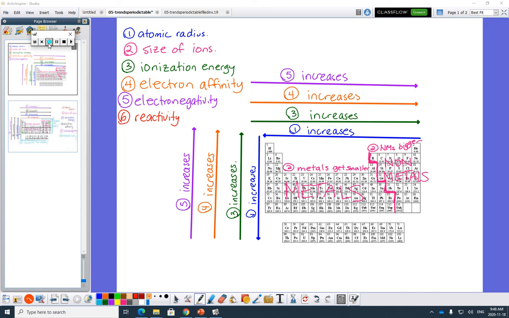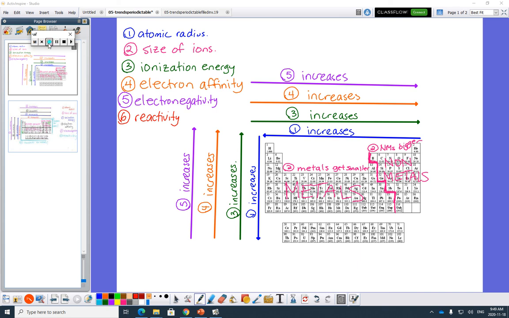Okay, so reactivity, we have to draw some strange arrows, okay? Because we have to differentiate between metals and nonmetals. And like I said, I would never make you compare a metal that's really reactive and a nonmetal. So when you do even ionic charge, it goes +1, +2, +3, and then it goes -3, -2, -1, like they kind of go opposite.